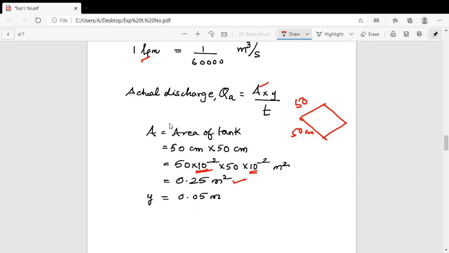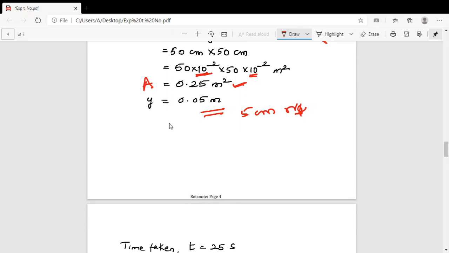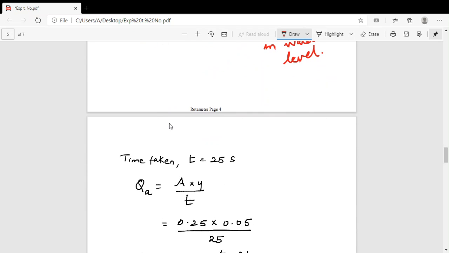The final result I will be getting in meter square. So the area of the collection tank is 0.25 meter square. I have taken the time for 5 centimeter rise in water level. So y is equal to 0.05 meter.